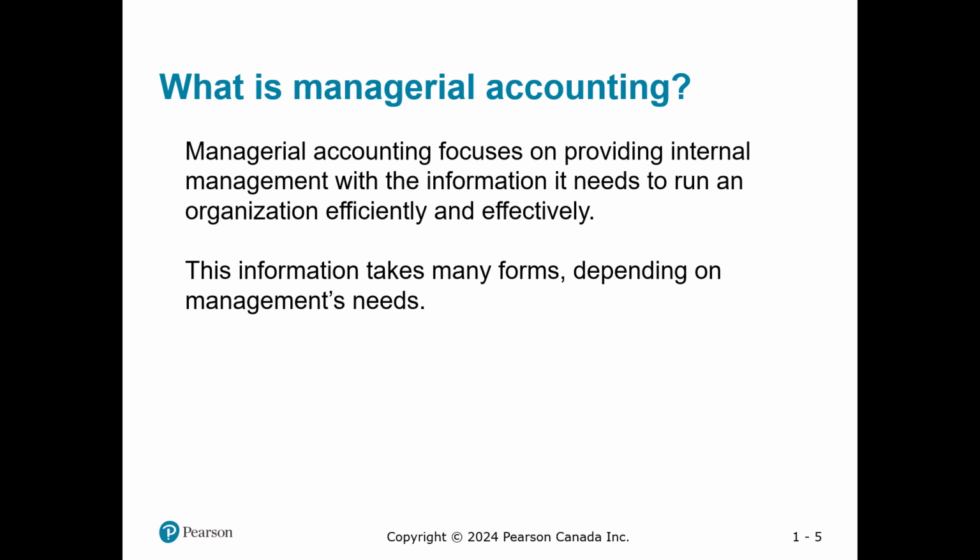So we're providing information internally rather than externally. Whatever they need, we're going to provide. We don't have set things like financial statements. If they need something, we're going to provide it no matter what form they ask for it in.